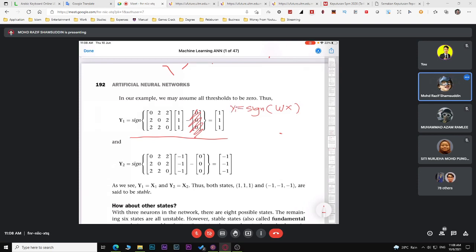Okay. Mula kita buat ni dulu. Dia punya dot product of weight times input, sign. Okay. Buatlah. Row times column kan. 0 times 1 is 0. Plus 2 times 1 is 2, plus 2 times 1 is 2 kan.